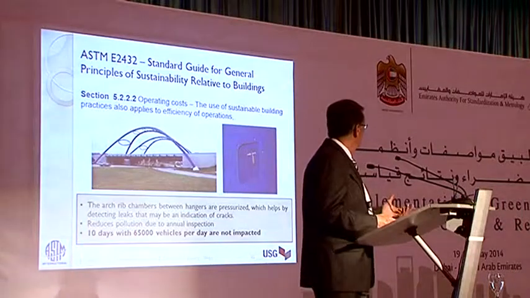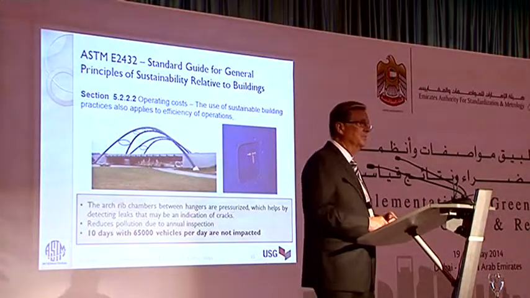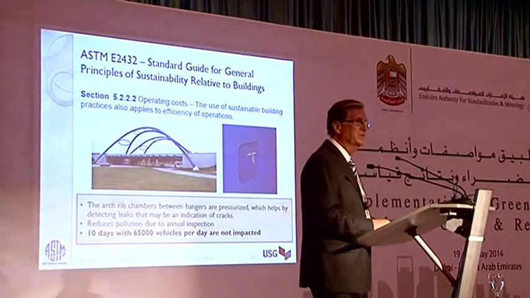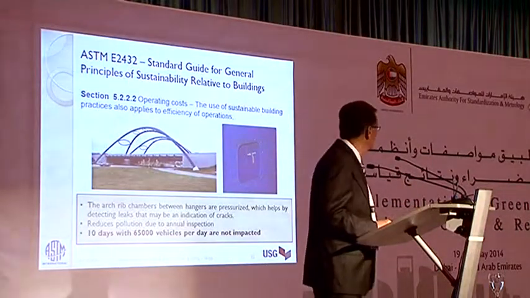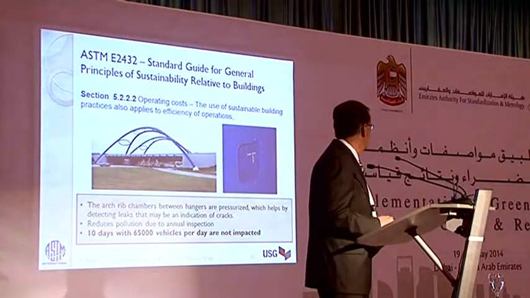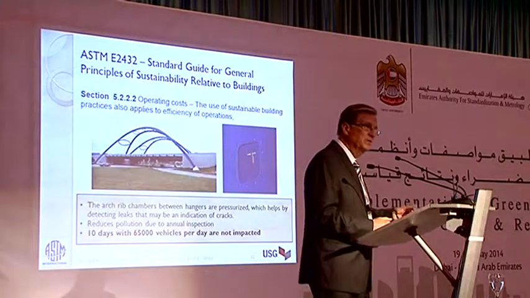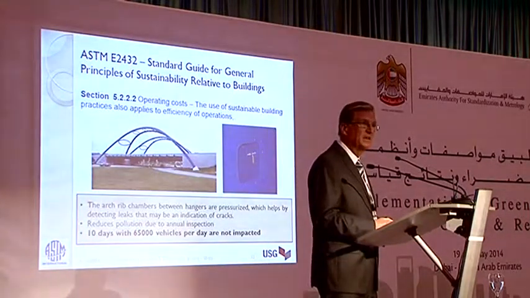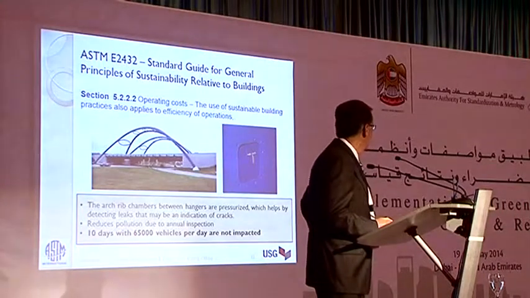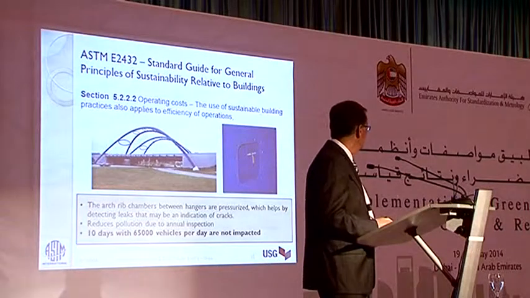The standard, E2432, also looks at operating costs, and one of the major costs for a bridge such as this has to do with the annual inspections that are required for it. It was determined that they would pressurize the arch rib chambers, which made it possible through a simple process to measure any loss of pressure. That in turn provided a very simple means of simplifying the annual inspection.